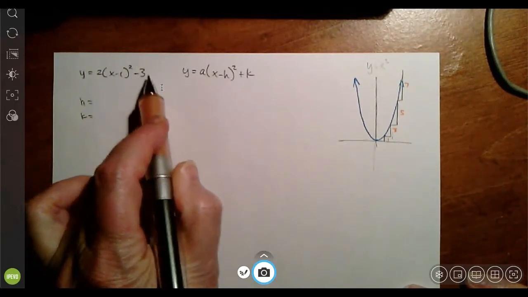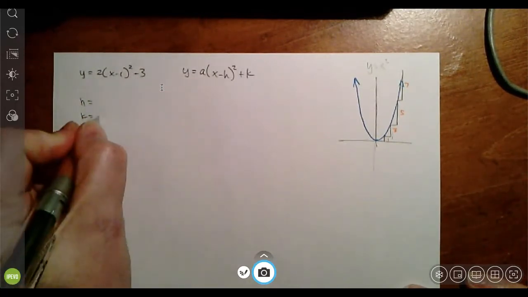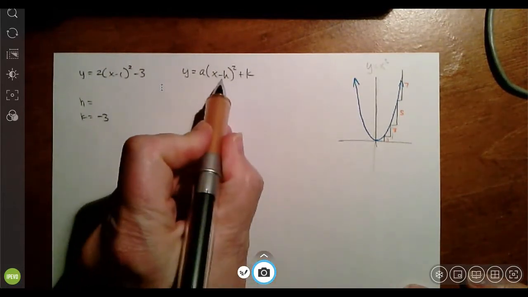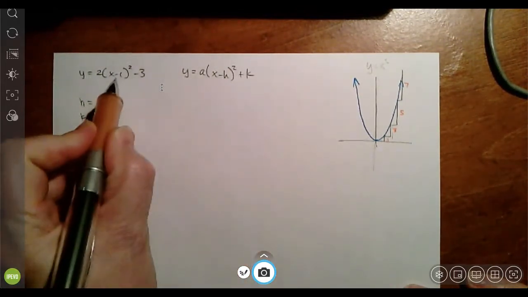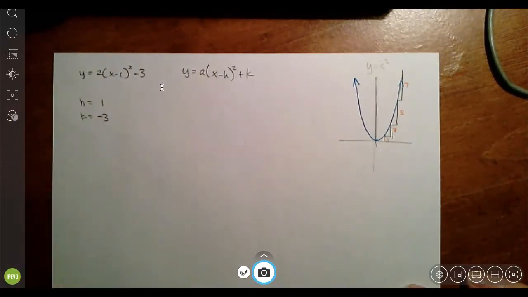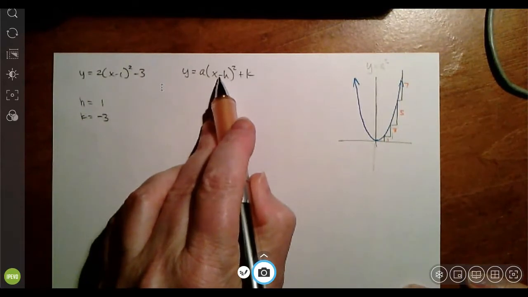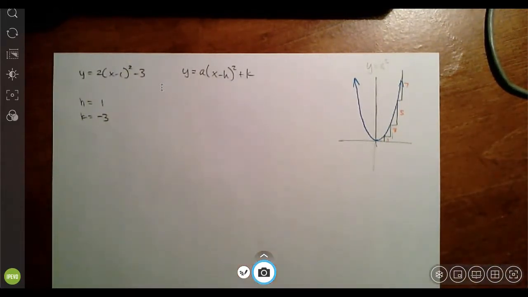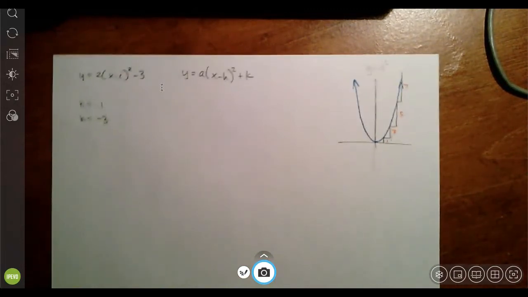So k is the value that's stuck on the end right there. So k is negative 3. h, though, is a little bit different because there's subtraction here. So that subtraction is already there. So h is actually going to be positive 1. Because of this subtraction right here, when you take h out or put h in, it's actually going to come out or go in as the opposite of what you see in the equation.